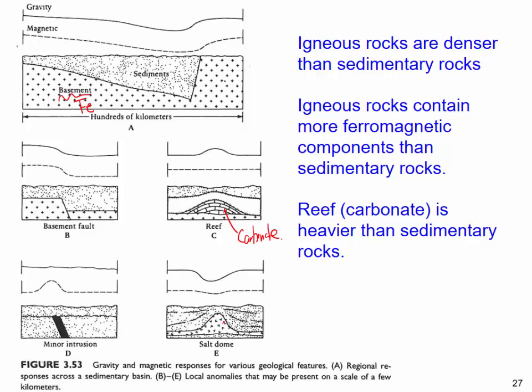So it's lighter than the other one, so you have a negative anomaly in the gravity survey, and also it lacks iron, so it's a small negative anomaly in the magnetic survey. And when you have an intrusion, like this magma intrusion, it is very rich in iron, so you have a positive anomaly like this.